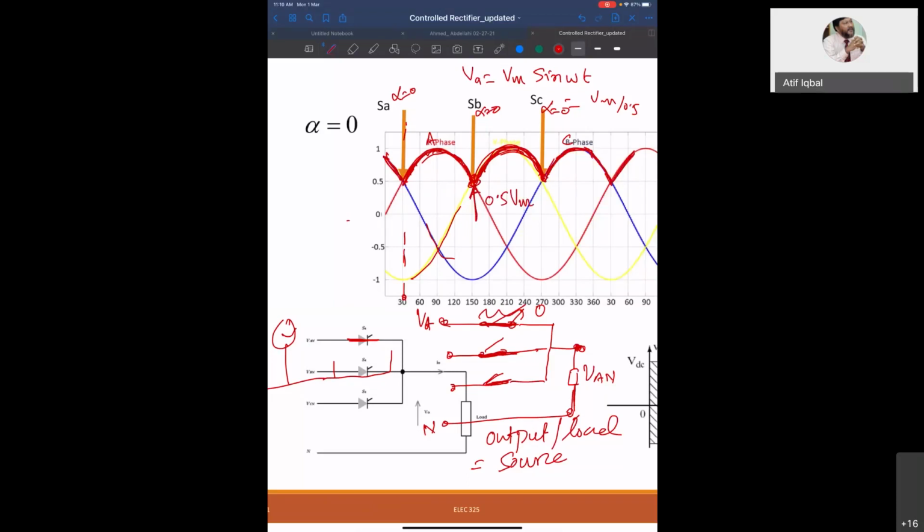And the maximum is the same as the phase voltage peak value, which is Vm. Any question here? Yes, doctor.